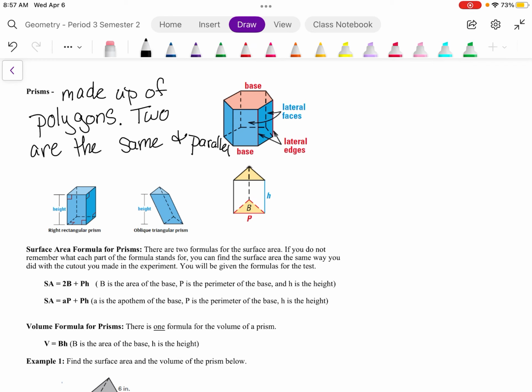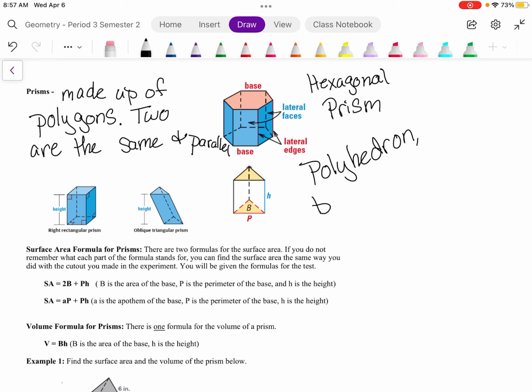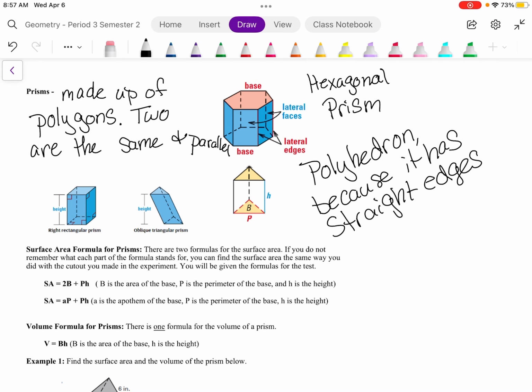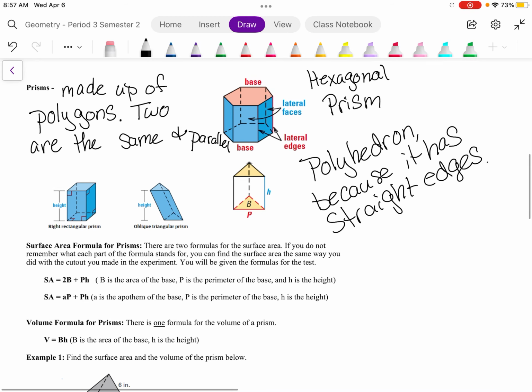So in the example to the right, this is a hexagonal prism because it has two hexagon bases. And then it's connected by polygons as well. Another name for this is a polyhedron because it has straight edges. So polyhedrons have to have all straight edges.